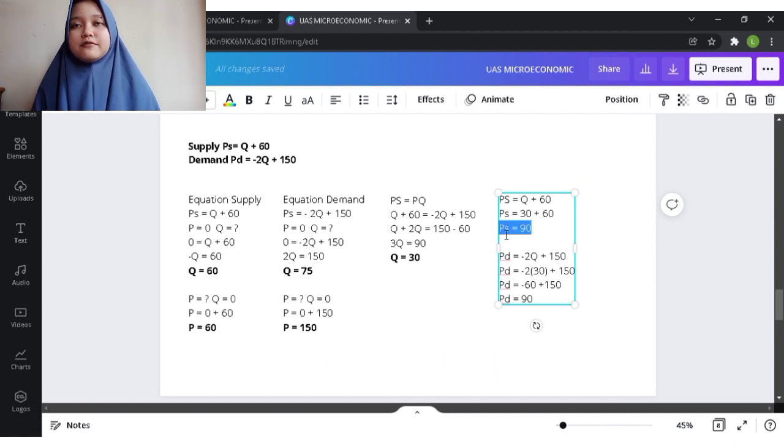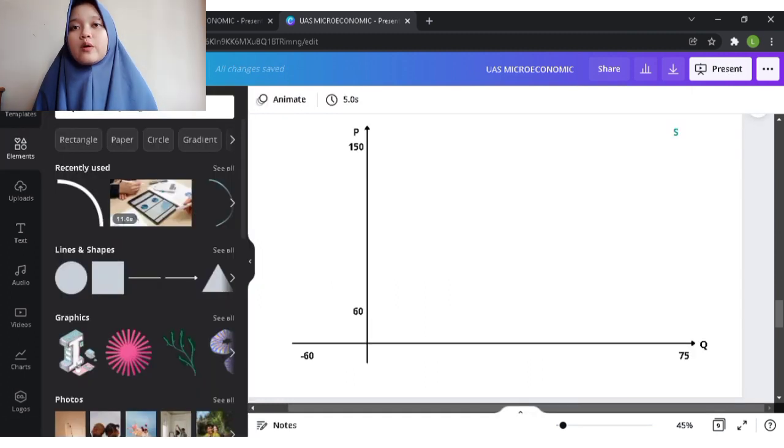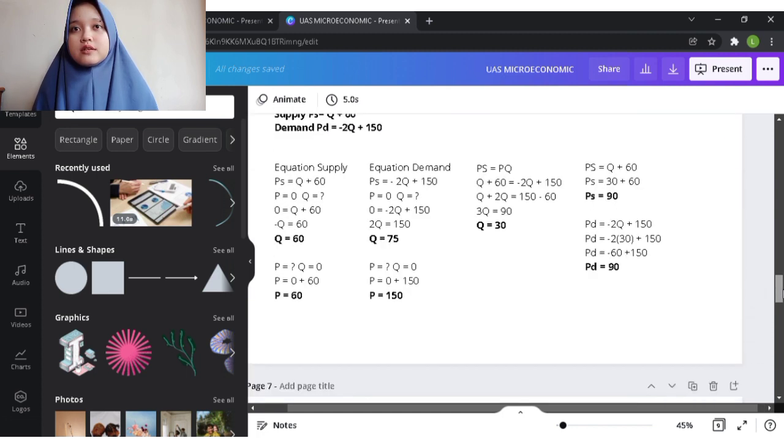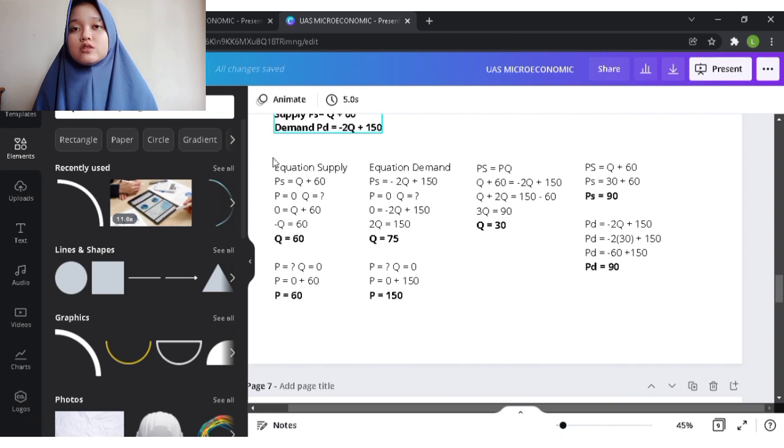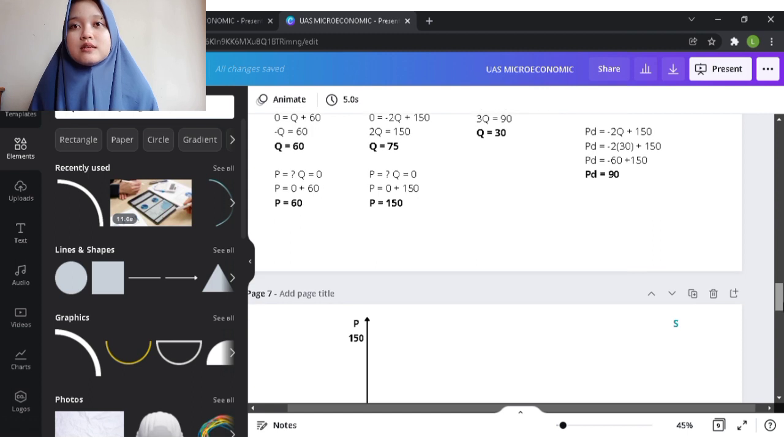After we get the result of the equations that we have done, we draw the curve of supply and demand based on the result that we got earlier. In the supply equation, we get K as minus 60 and we get P as 60.